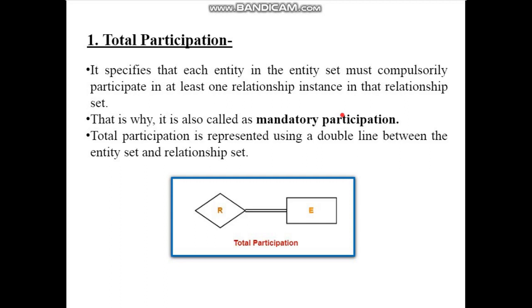So here in this diagram you can see this is the entity type and this is the relationship set. So the double line is indicating total participation, and total participation means at least one relationship instance must be there in that relationship set. So obviously here a double line is indicating total participation of this entity, right?